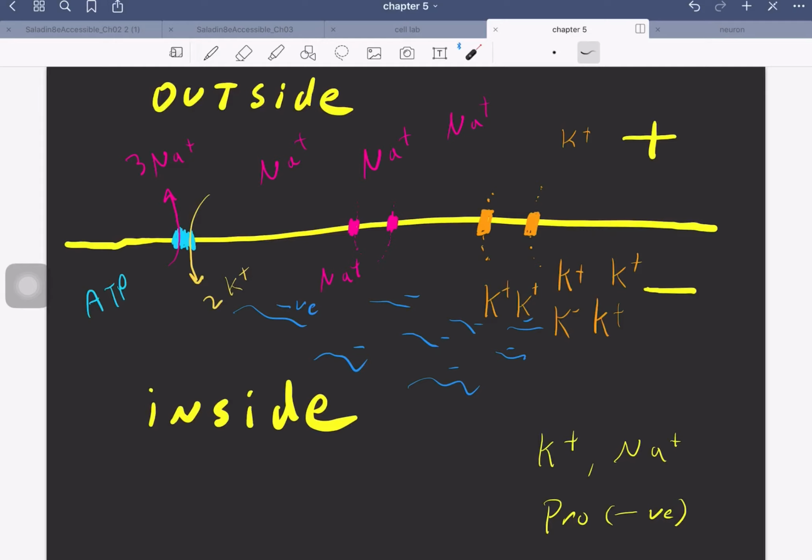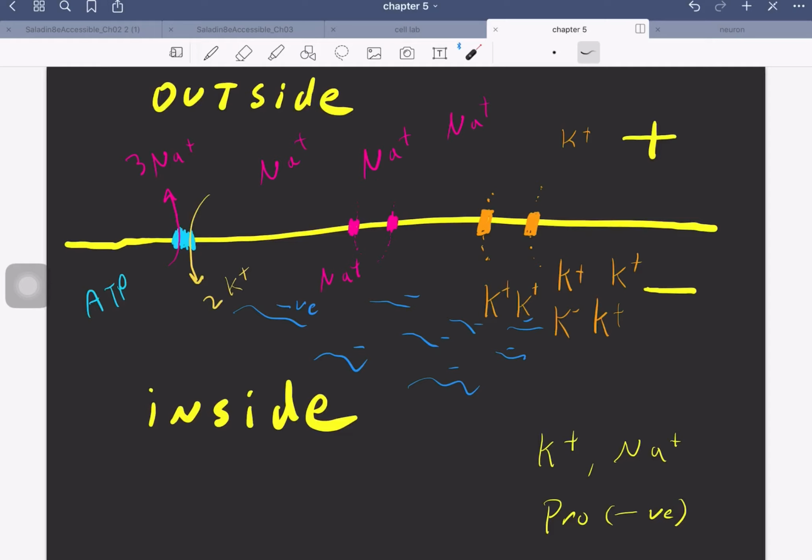Now, I also want to point out, these pumps are running really continuously, and because we're burning up ATP, this is really a huge energy demand for the nervous system, and somewhere about 70% of the energy used by the nervous system is to run these sodium-potassium pumps. And this has to go on a regular basis because a neuron is just sitting there waiting to find out if it's going to fire or not fire.